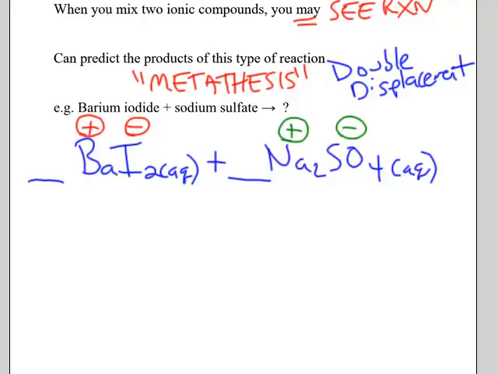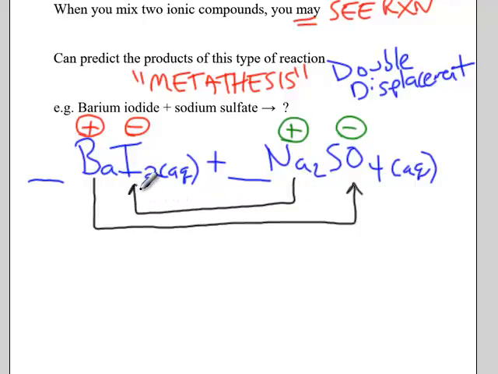Double displacement means the positive part of the first chemical is going to switch, it's going to be attracted not to the other cation. Positive repels positive. So the positive barium is attracted to the negative sulfate. At the same time, the positive sodium is attracted to the negative iodide.